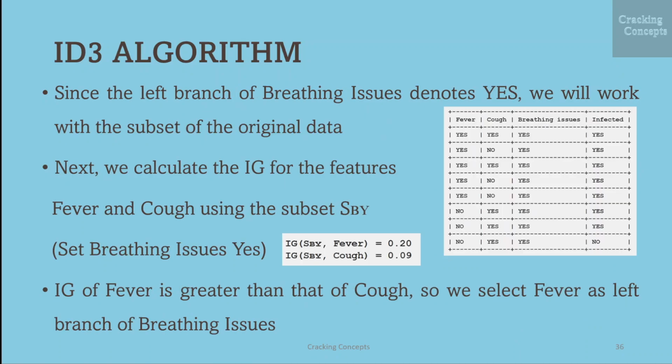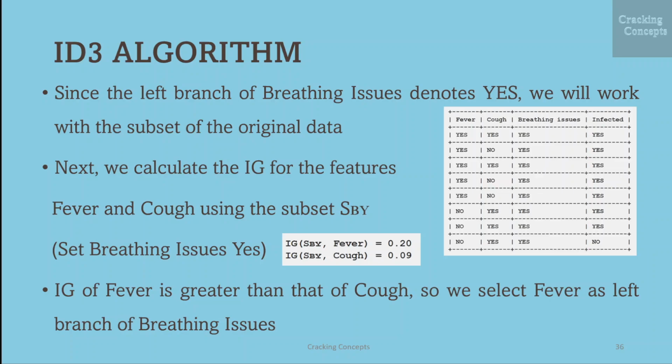Now, since the left branch of breathing issues denotes yes, we'll work with the subset of the original data, that is, the set of rows having yes as the value in the breathing issues column. So there are 8 such rows as shown in the figure. Now we'll calculate the information gain for the features fever and cough using a subset which we call set breathing issues yes, given by SBY.